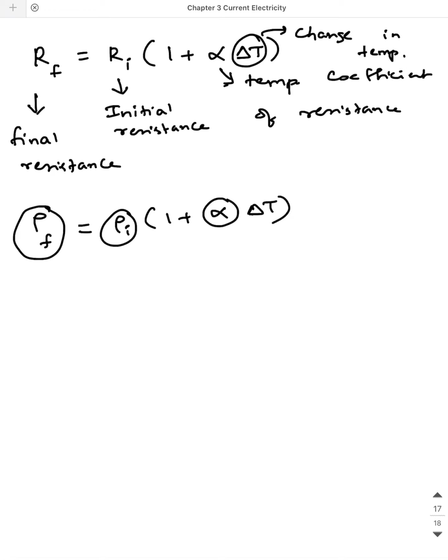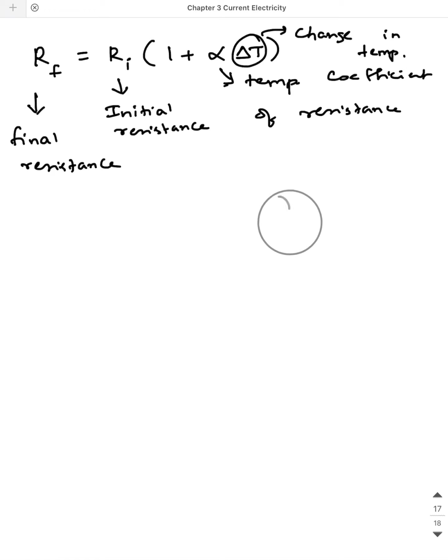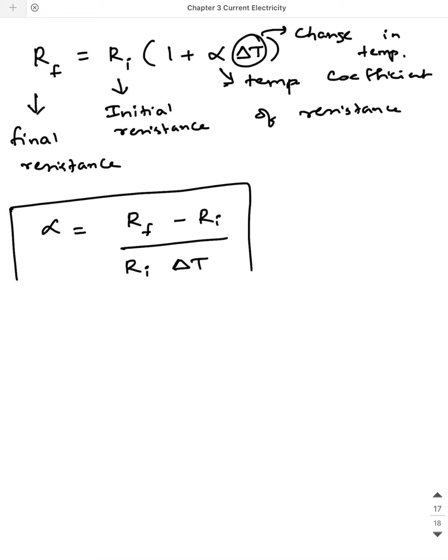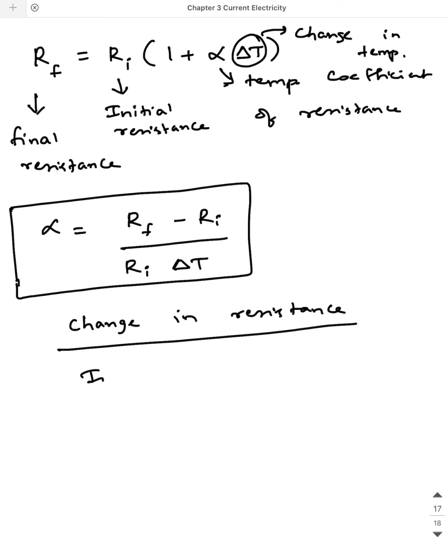Now we will try to define alpha. So alpha is going to be R final minus R initial divided by R initial into delta T. So this is going to be the expression. It is defined as the change in resistance divided by initial resistance into change in temperature.